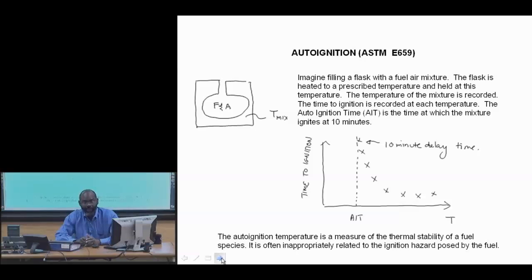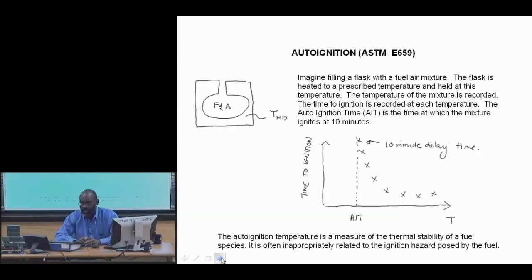I would argue that the autoignition temperature is more a measure of the low temperature chemical decomposition of the system as compared to an indication of the ability of that system to ignite under, oftentimes, very different conditions.